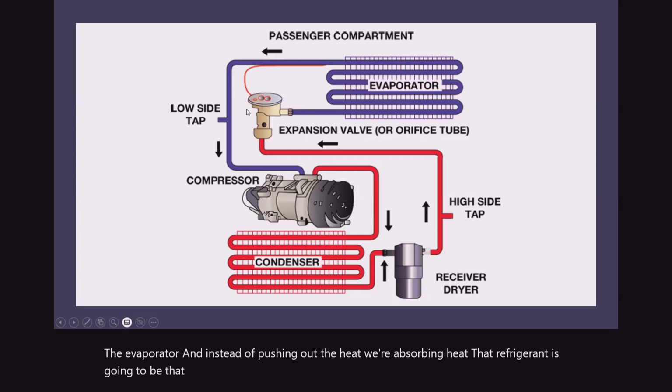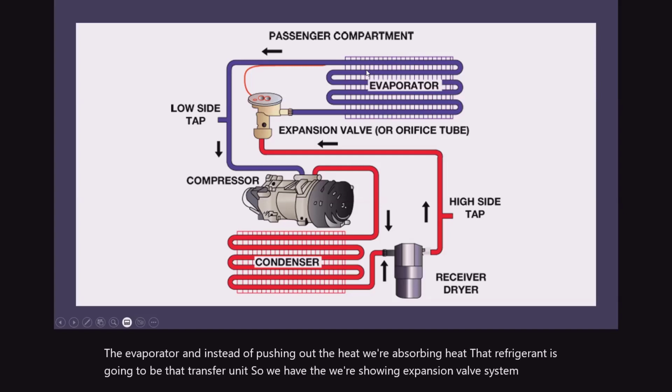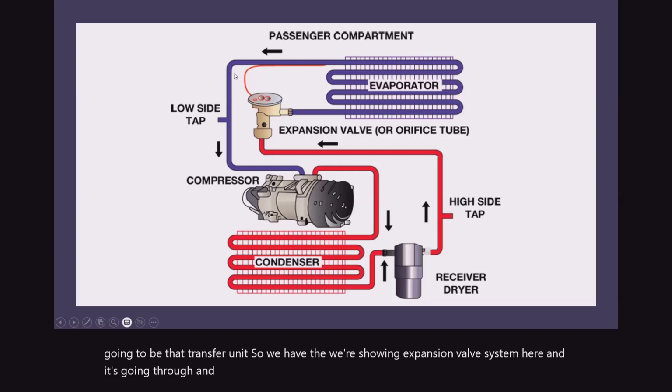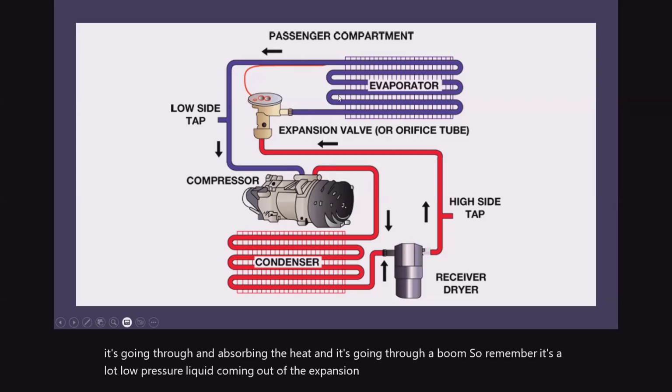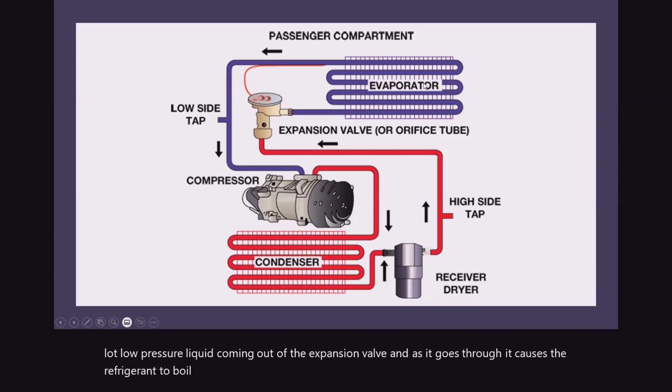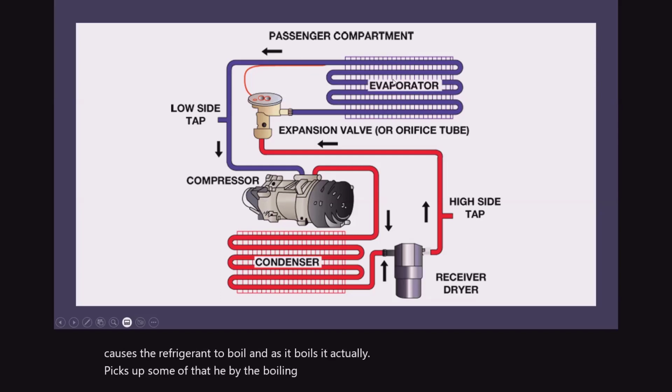So we're showing the expansion valve system here, and it's going through and absorbing the heat. So remember, it's a low pressure liquid coming out of the expansion valve, and as it goes through, it causes the refrigerant to boil. And as it boils, it actually picks up some of that heat by the boiling process, and it turns into a gas.